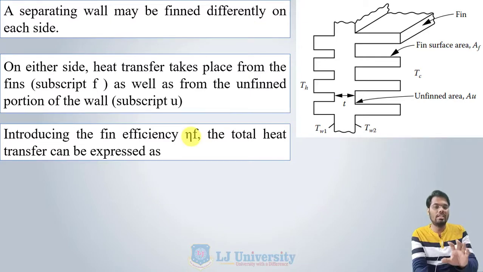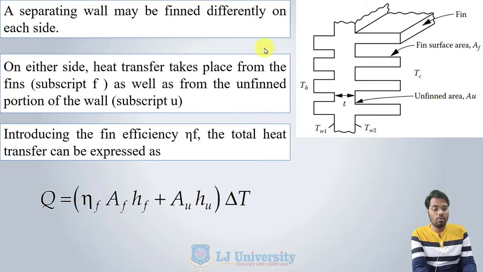Now for the total heat transfer, we have the fundamental basic equation of heat transfer rate, which is HA delta T. When you attach a fin to the surface, the equation has two parts: the portion where a fin is attached, and the portion where there is no fin, the unfinned area.